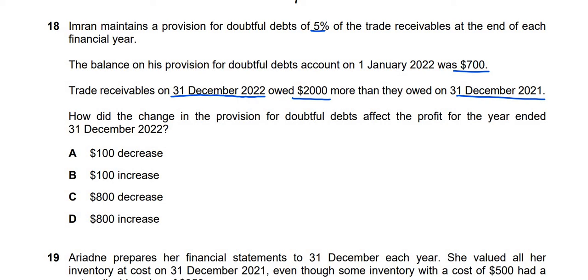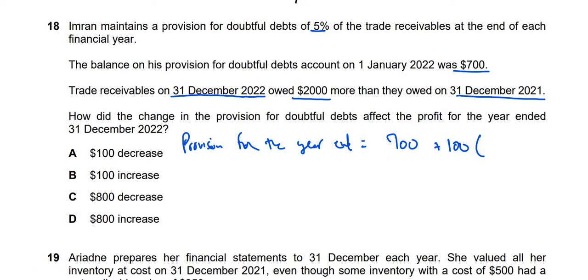How did the change in provision for doubtful debts affect the profit for the year? So look, first let's calculate provision for the year end. It's 700 plus 100.